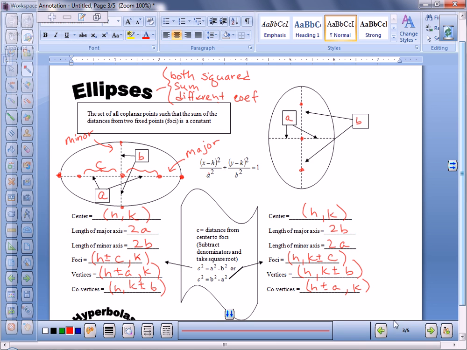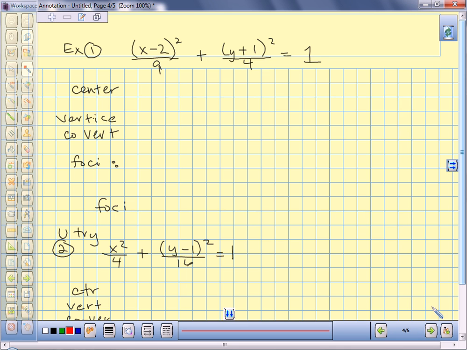All right, so we have a couple examples. The first one, I can tell it's an ellipse because it's squared, some different.